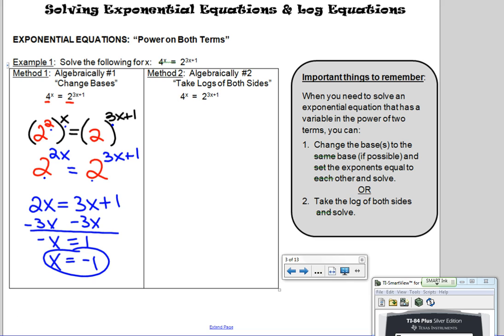So a more common way to do exponents as an x is to take the log of both sides. Remember, whatever you do to one side, as long as you do to the other side, you keep the equation balanced. So you're going to take the log of the 4 to the x power, and you're going to also take the log of the other side.